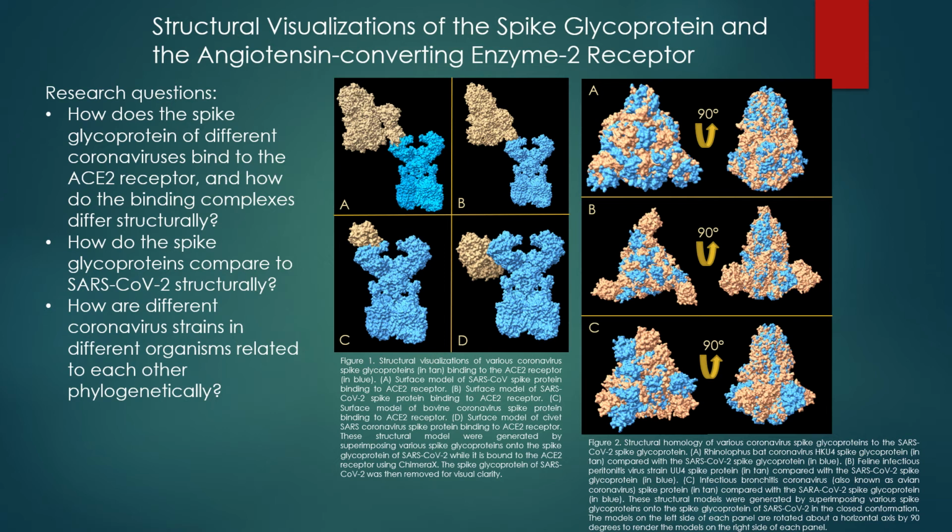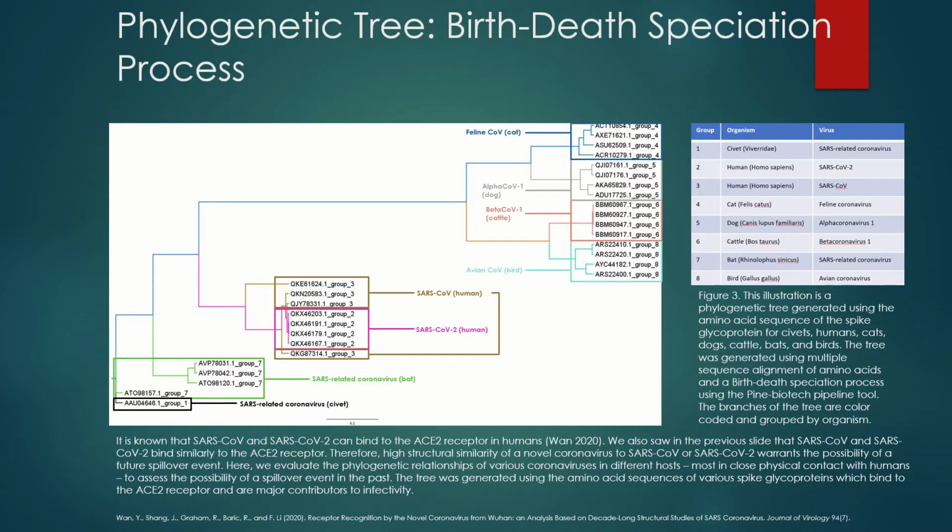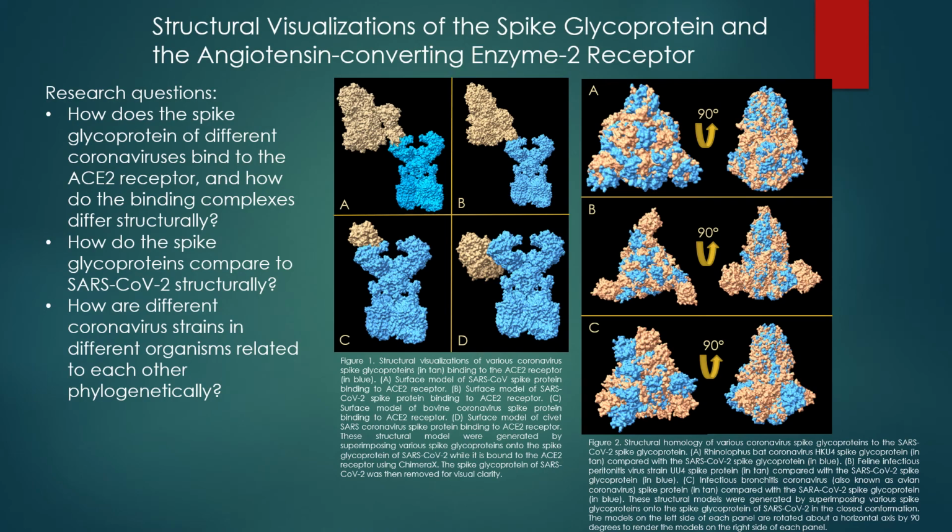And then we also try to answer the second question on this slide. How do the spike glycoproteins compare to SARS-CoV-2 or COVID-19 structurally? And the last question I'll just go ahead and mention, how are the different coronavirus strains in different organisms or hosts related to each other phylogenetically? And we'll answer that on the next slide. But we'll go ahead and start here.